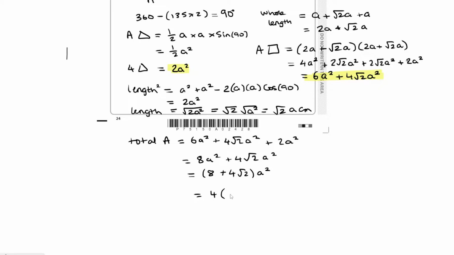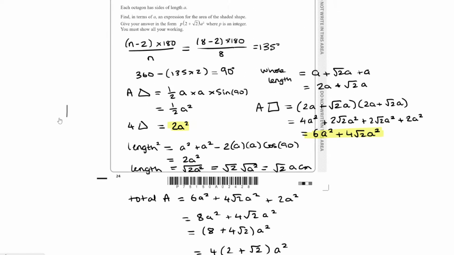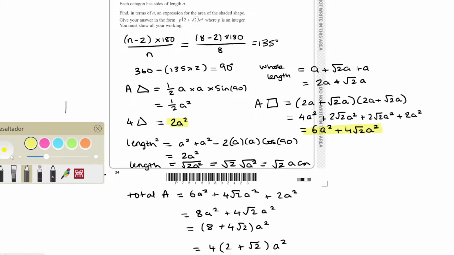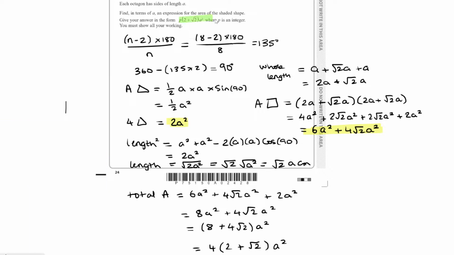Common factor, the highest common factor is 4, so then you'd end up with 2 plus root 2. And that, if we have a look at the original, you can see that is the same, isn't it? Same format. With, they said p is an integer, that's obviously 4, isn't it? Here and here. So there's your final answer for that one.